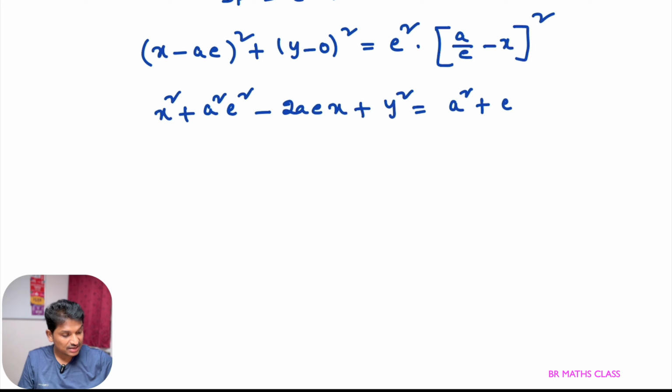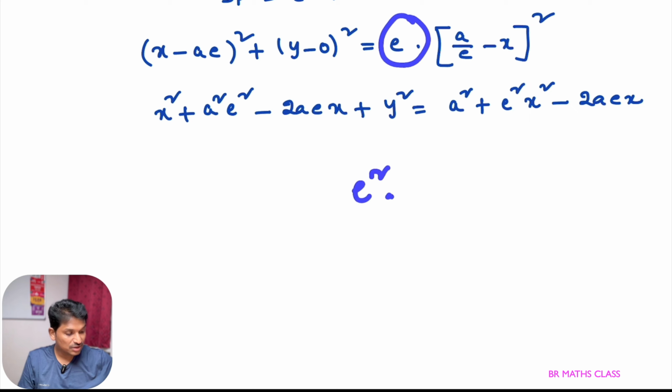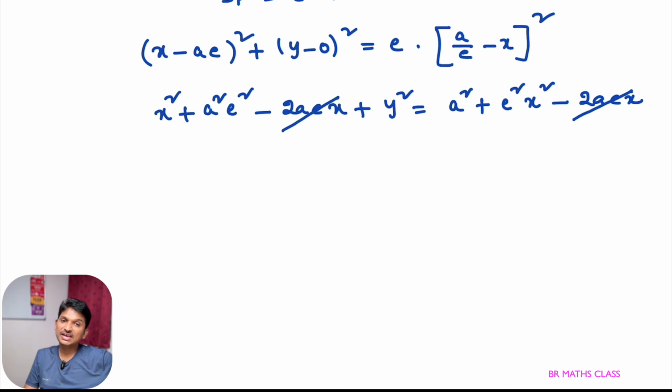Okay. A square plus, square this and multiply with E square. What will you get? E square X square minus 2aEx you will get. E square into 2 into A by E into X, E will get cancelled, 2aEx. It can be understood easily, normal simplification only, right? Now, some terms will get cancelled. You see here, minus 2aEx will get cancelled.